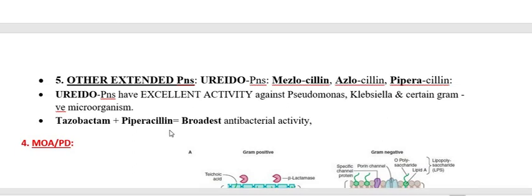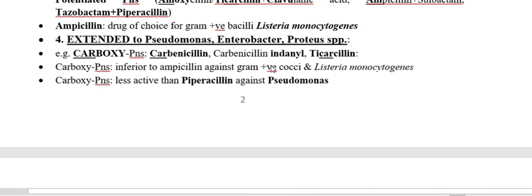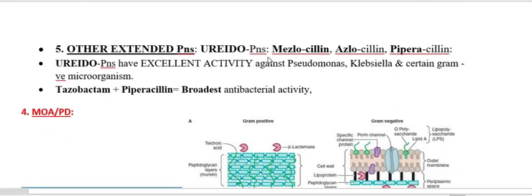And the last one, the other extended spectrum penicillins, also possess activity against the hard gram negative bacteria, that is Pseudomonas, Enterobacter and Proteus. But other than that, the drugs that come under the other extended penicillins act not only against E. coli and Pseudomonas, they also act against Klebsiella and a number of other gram negative bacteria.